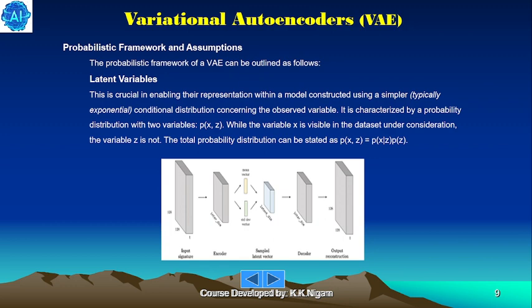It is characterized by a probability distribution with two variables, that is P(x, z). While the variable x is visible in the data set under consideration, the variable z is not. The total probability distribution can be stated as P(x, z) equals P(x|z) times P(z).